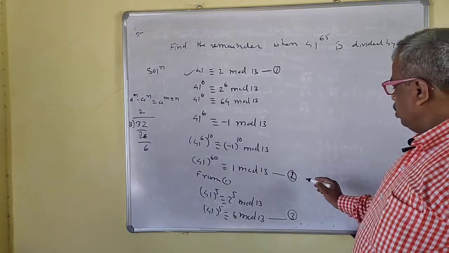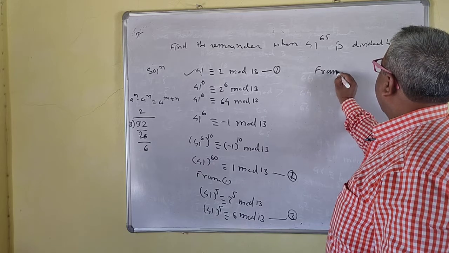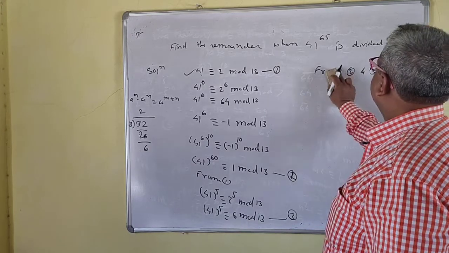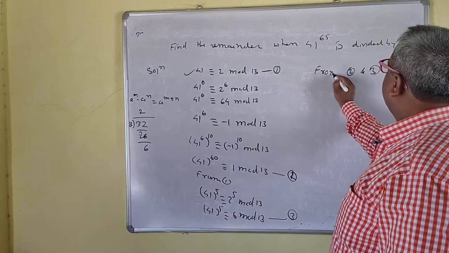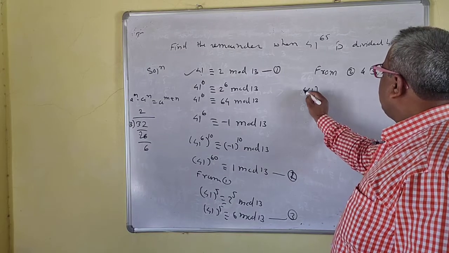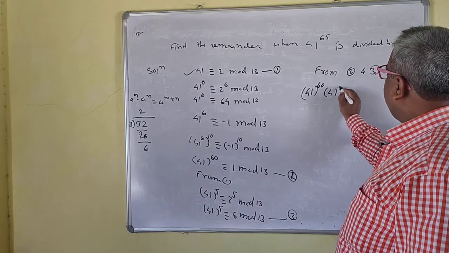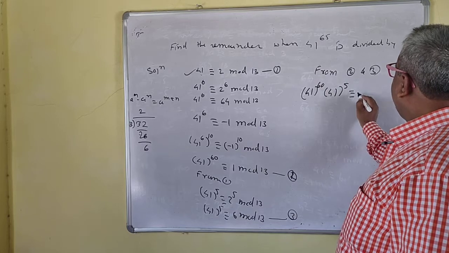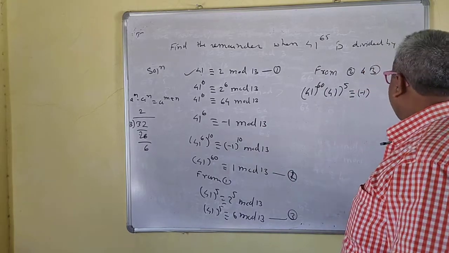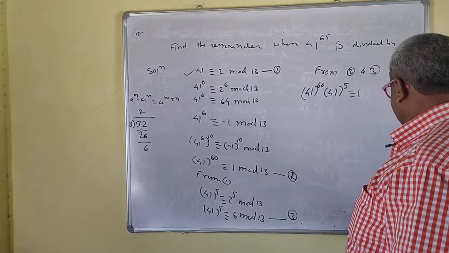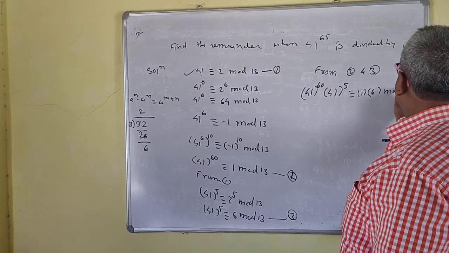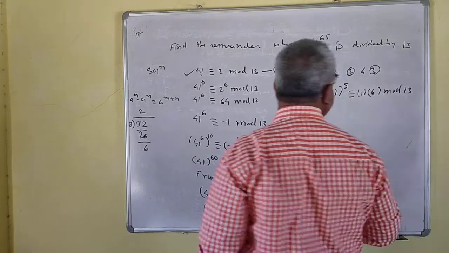Now see what happened. From 2 and 3, I will take a product. 41 to the power 60 into 41 to the power 5 is congruent to, here it's 1 now, not minus 1, this is 1 into 6 mod 13.